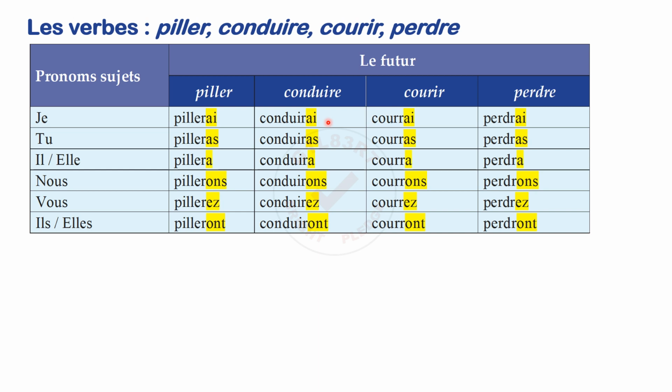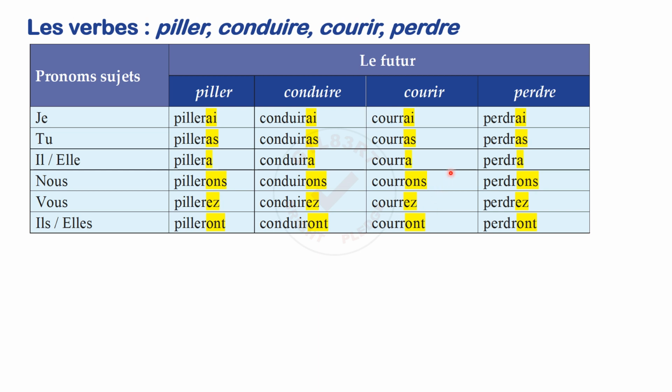So the verb conduire, I'm cutting the E and then adding AI, AS, A, ONS, EZ, ONT. But for the verb courir, it has an irregular stem or radical, which is COURR. Memorize that, so that forms the base, followed by the same future endings, AI, AS, A, ONS, EZ, ONT.